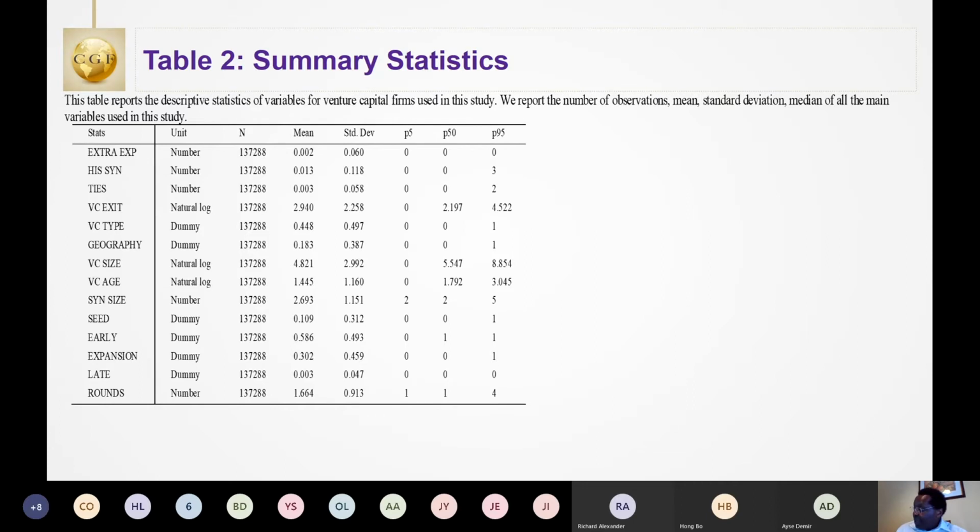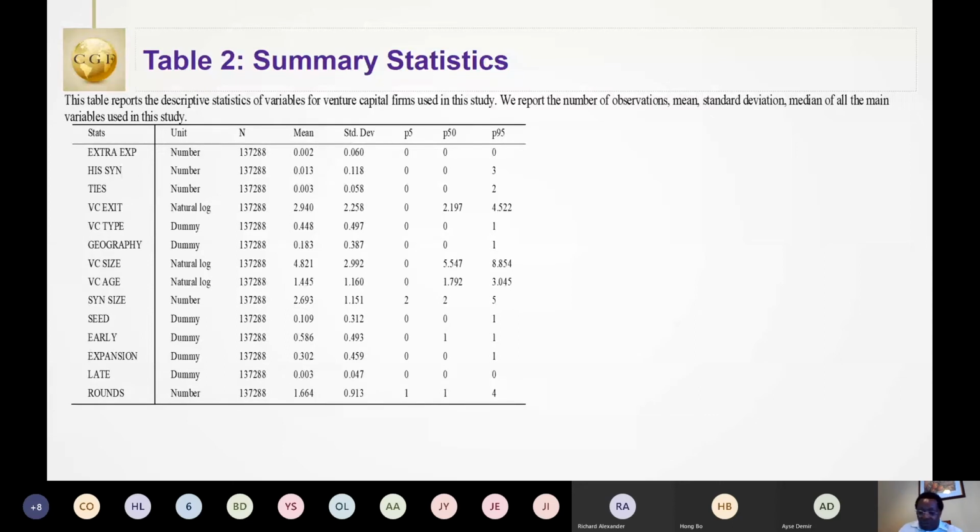It confirms the resource-based view or the extra experience view that I mentioned when I was looking at the theory. In addition, the average syndication history, which is here, is 0.013, indicating that previous interaction is an important component for the partner selection decision. And the 0.03 for reciprocated ties suggests its importance in partner selection decisions.